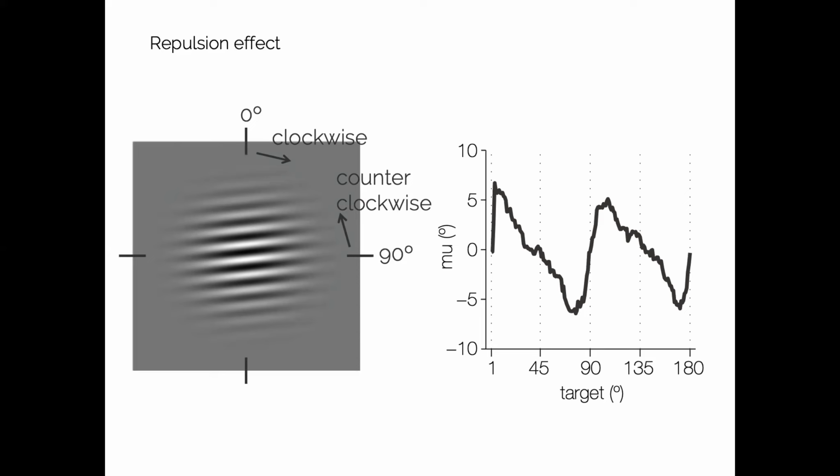So this is, again, a different metric. What you see here is this sawtooth pattern: when the orientation is a little bit clockwise, you see an exaggerated mean clockwise response, whereas if the grating is slightly counterclockwise from a cardinal axis, you see this exaggeration in a counterclockwise direction.